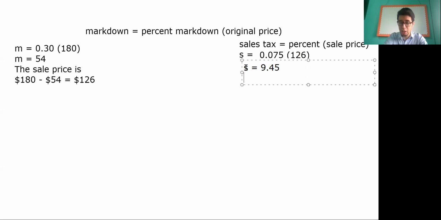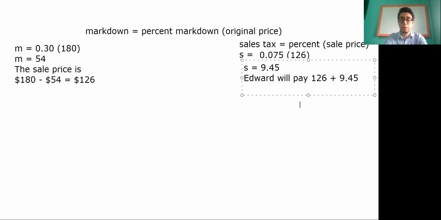So we are going to write it completely down here. Edward will pay $126 plus $9.45, or the total of this, that is equal to $135.45 for the snowboard.